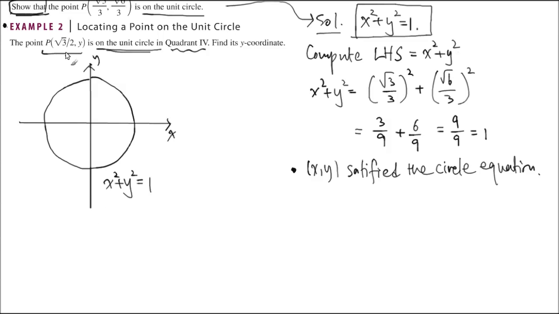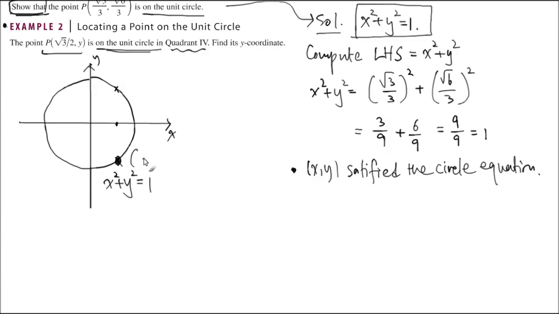Now we know the x coordinate, and it's positive, right? So I'm just going to pretend it's somewhere over here. There are 2 points, up there and down here, with the given x coordinate, and only 1 point is in quadrant 4, so this is the point they're talking about.